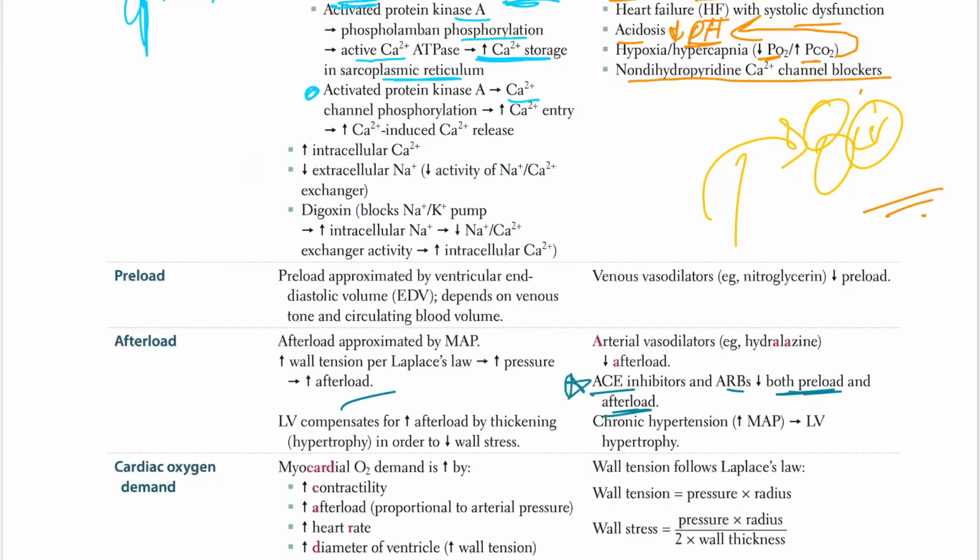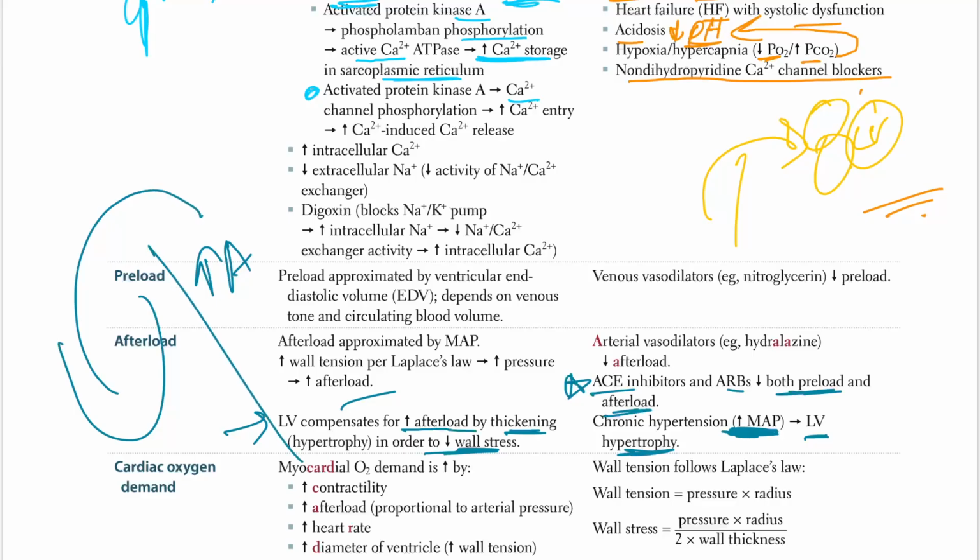Important thing. Chronic hypertension would increase the MAP, mean arterial pressure. That would cause left ventricular hypertrophy. Okay, so the left ventricle compensates for increase in afterload by thickening, hypertrophy, in order to decrease wall stress. Again, if you have an increase in afterload, and the heart has a hard time pushing things out into the vessels, it's going to go into hypertrophy.